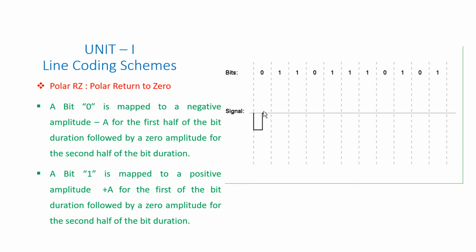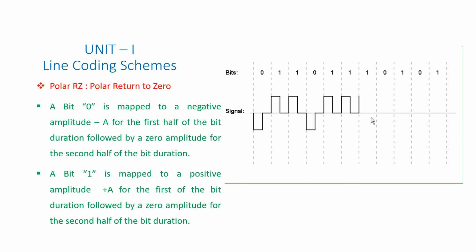Half of this cycle it goes to 0 and continues there. For the case of 1, plus 5, again it comes to 0. Again for plus 1, plus 5, half of it goes to 0. So here you can see that for all the cases, whether it is 0 or 1, the second half of the cycle will be starting from 0 itself.